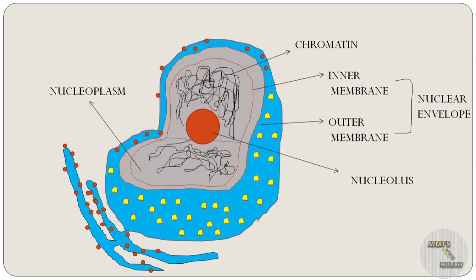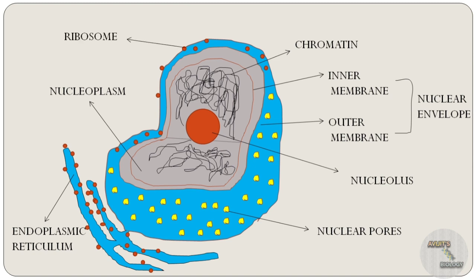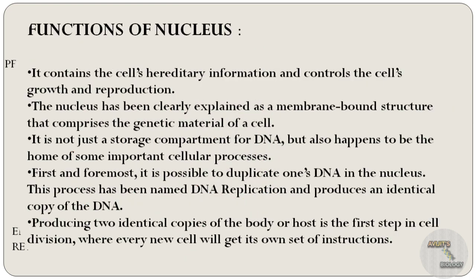These are the chromatin, and this is the endoplasmic reticulum, which is attached to the outer membrane of the nucleus, and these are the nuclear pores, and this is the ribosome, and this is the perinuclear space, which is the gap between the two membranes. Now let's discuss the functions of the nucleus.